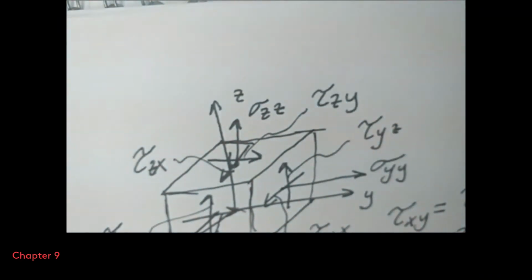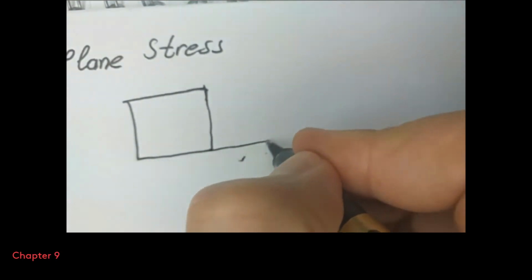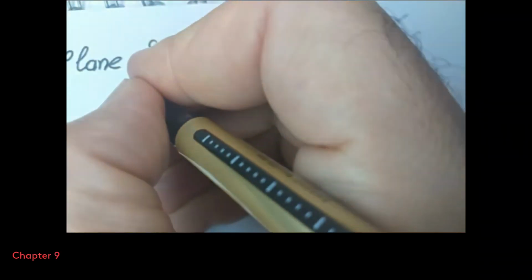So what is plane stress? In this case, we have a 2-dimensional state of stress, so the other components are 0. This is x, and let's say this is y.